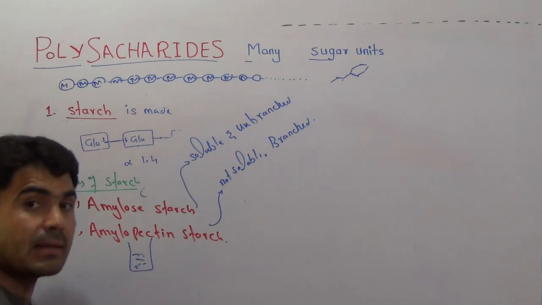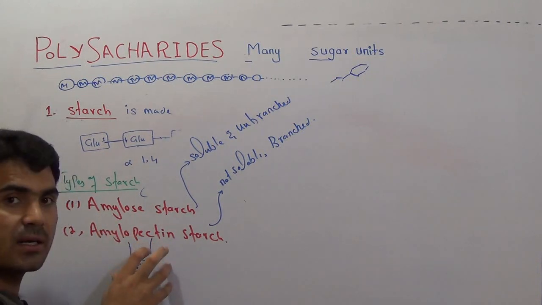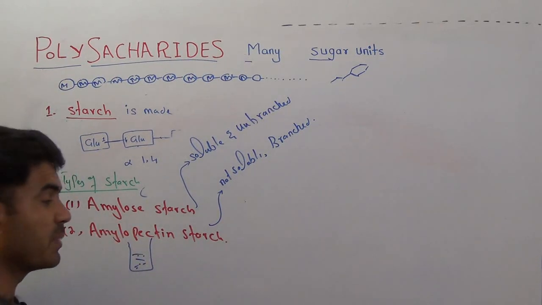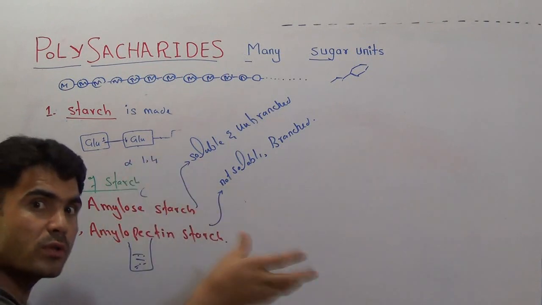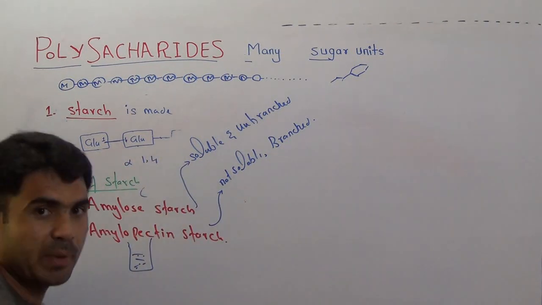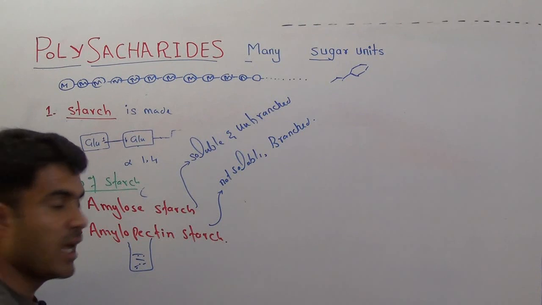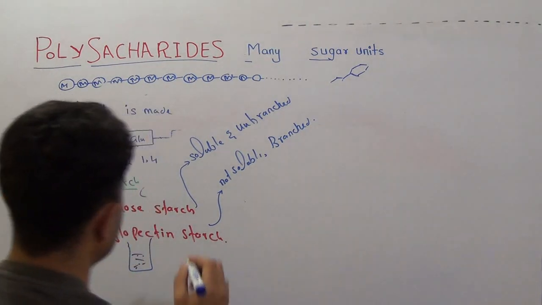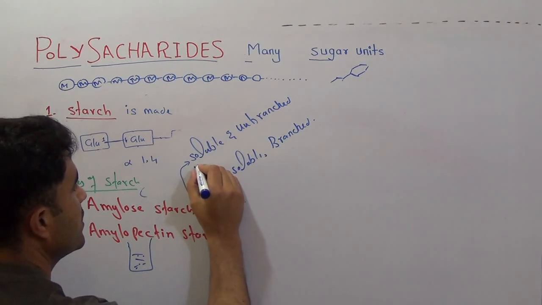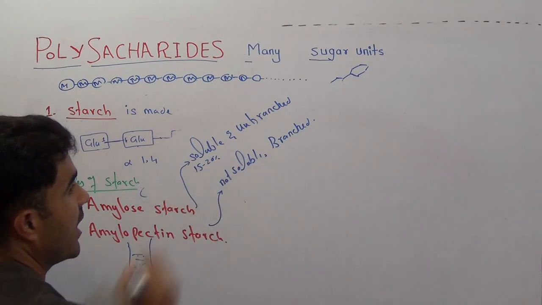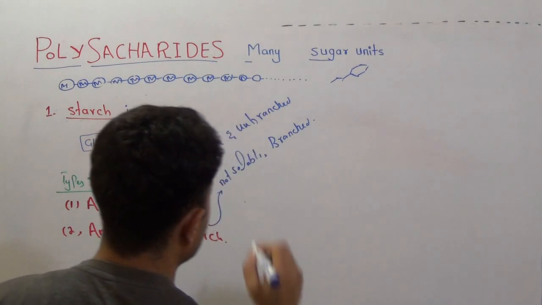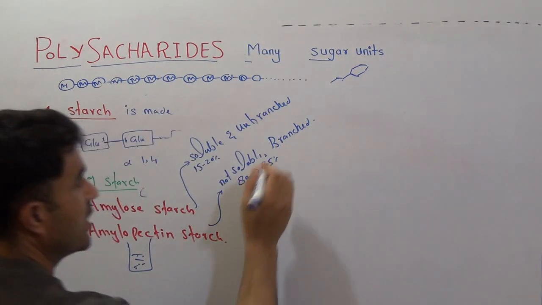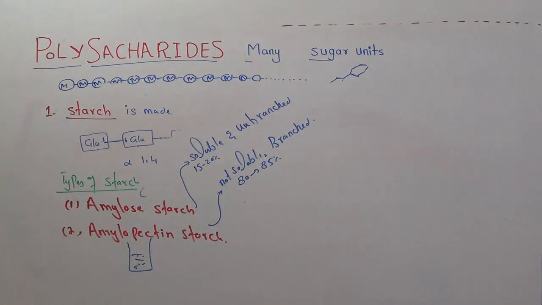A student may think that the beaker contains either amylose or amylopectin, but the answer is that the beaker contains both. There is a percentage: amylose starch is 15 to 20%, and amylopectin is 80 to 85%.